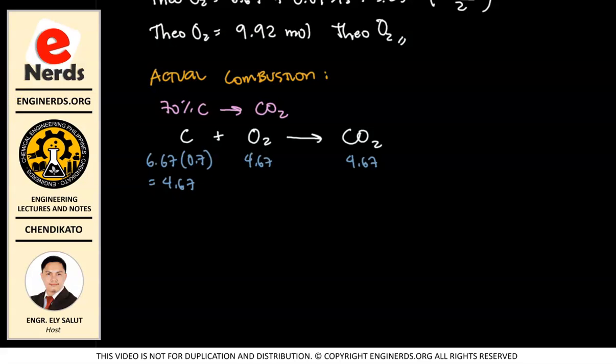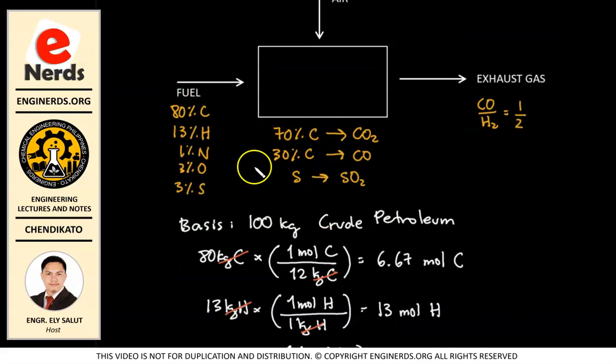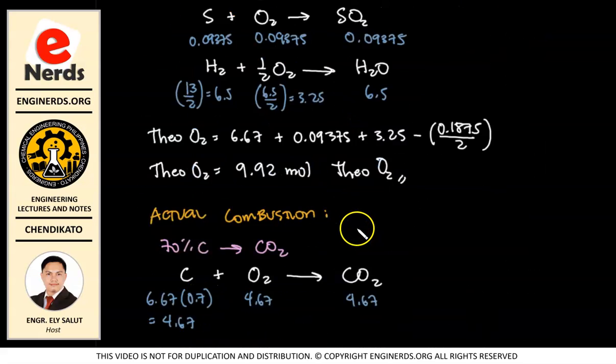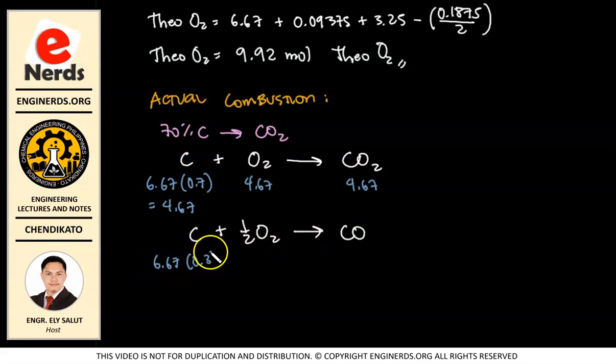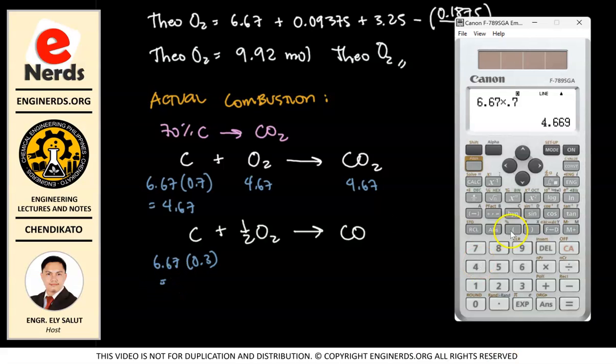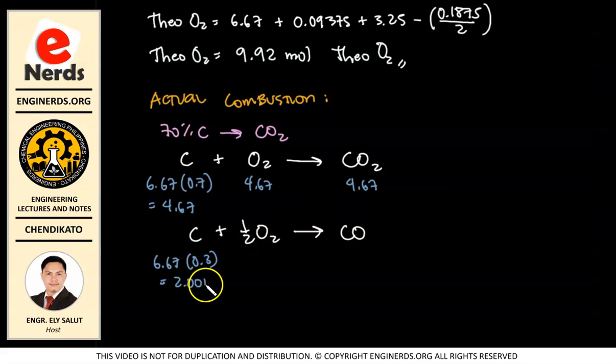Now the remaining percentage of carbon has been converted to CO, right? As mentioned here, 30% has been converted to CO. So we have C plus 1/2 O2 gives CO. So 30% of 6.67: 6.67 times 0.3 is 2.001.